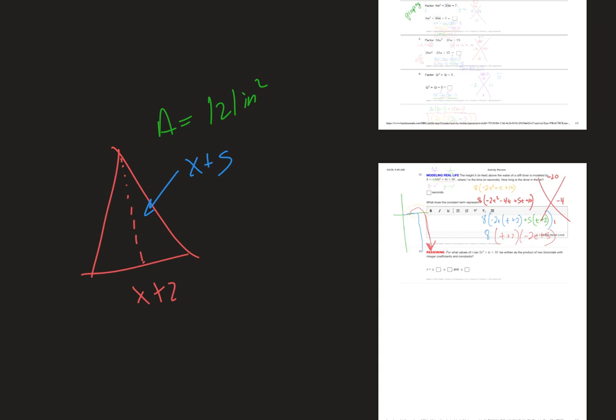So what we should have done was, we said, hey, area of a triangle is 1/2 times base times height, or base times height divided by 2, however you look at it. And then you plug them in here and here, and you distribute, and then you would set it equal to 121, and then you'd move that, and then you'd solve it.